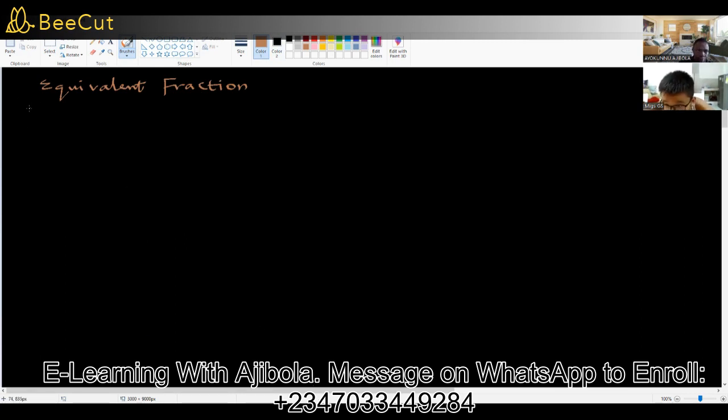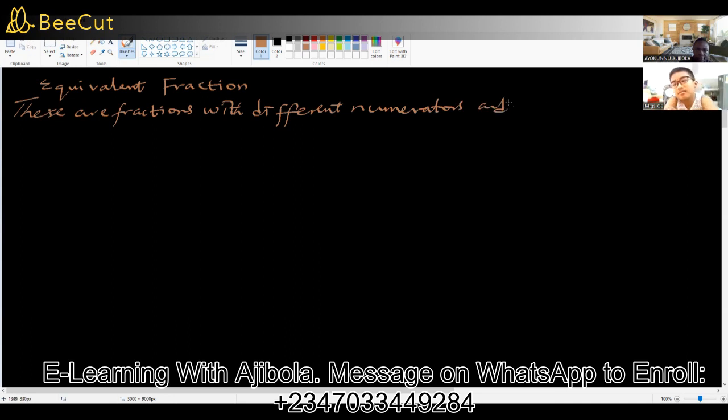These are fractions with different numerators and denominators, but have equal values.